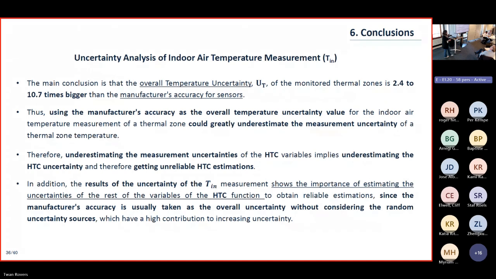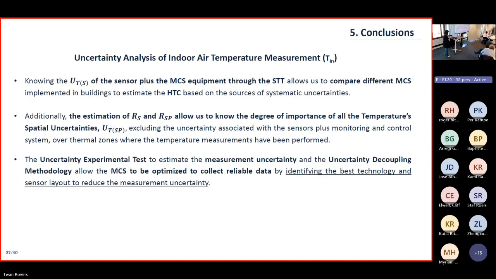The main conclusion is that most research works estimate by taking the manufacturer sensor accuracy as the overall uncertainty of the indoor air temperature and the outdoor air temperature. So it's important to note that the uncertainty results of the indoor air temperature measurements show the importance of estimating the uncertainty of the variable used for the HTC.